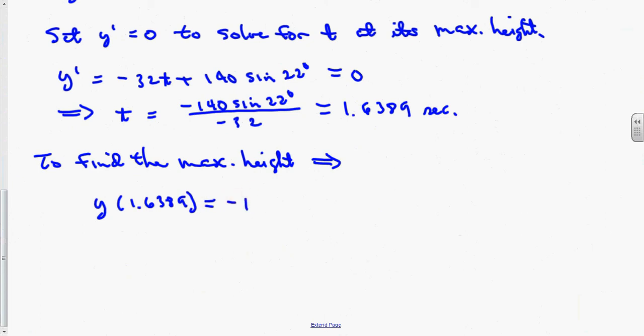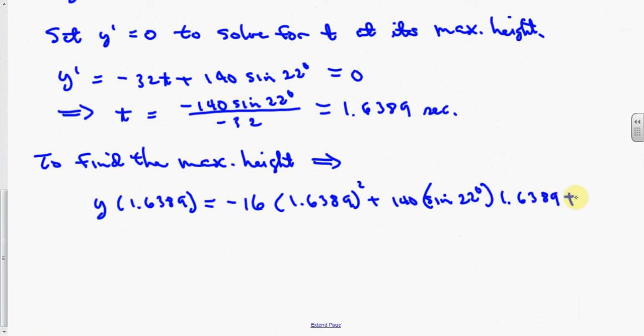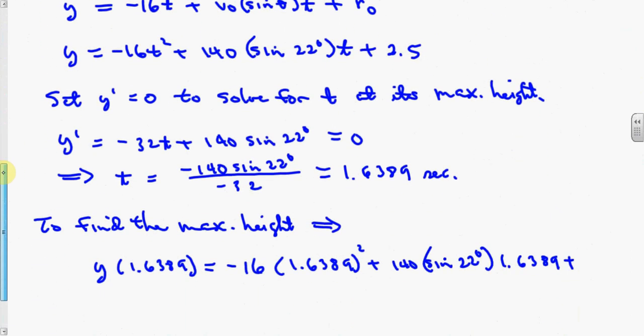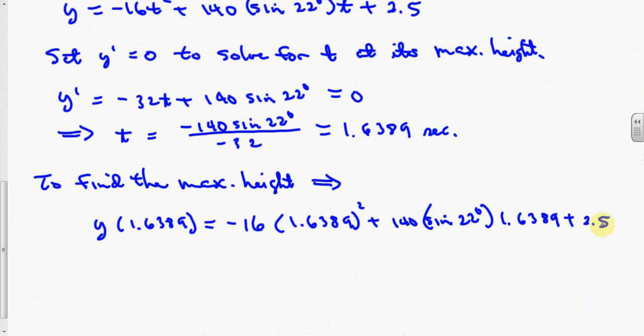That's equal to negative 16 times that time, 1.6389 to be squared, plus the initial velocity, 140, times sine of 22 degrees, times 1.6389, plus the initial height, I think that was 2.5. So we get y. Let's calculate that. And you can truncate that time if you want, maybe 1.64. You may be able to get away with that.